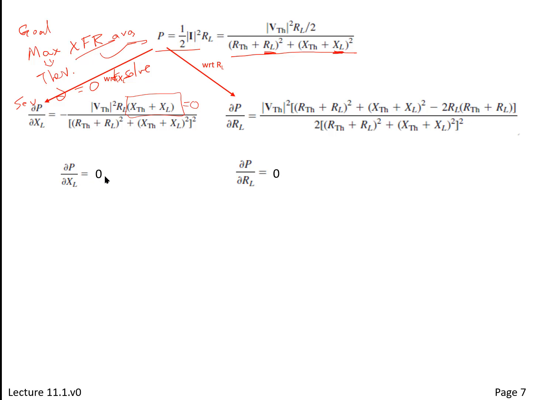So that partial becomes 0 when X Thevenin is equal to minus X of the load, or vice versa. You can attach a load that's equal to a negative X Thevenin. So you can see what's going to happen there. This is going to want to cancel the reactive part of the source so that you get all real power.